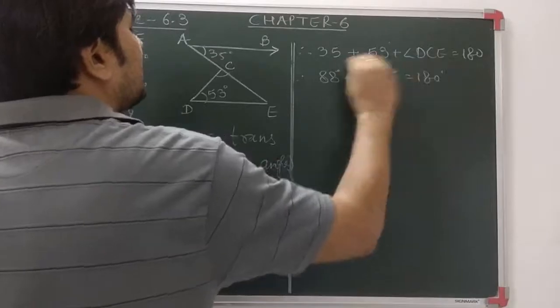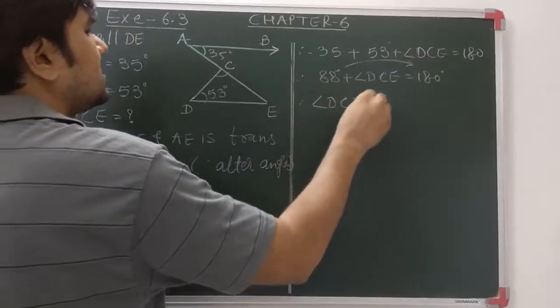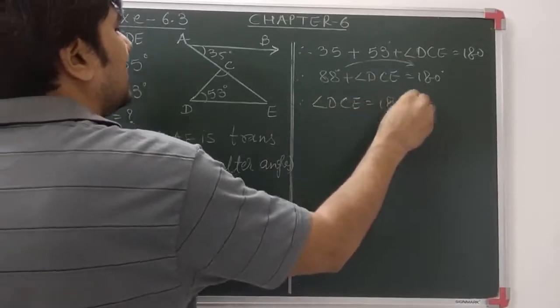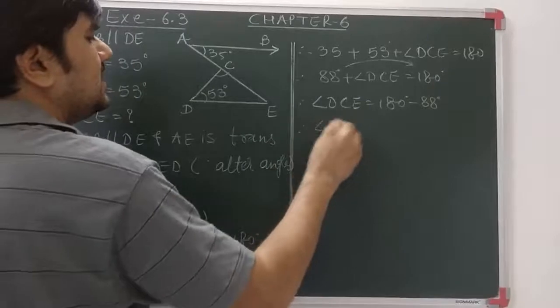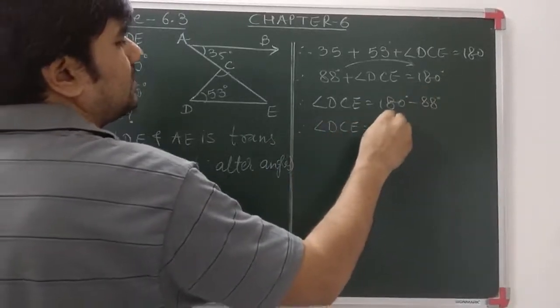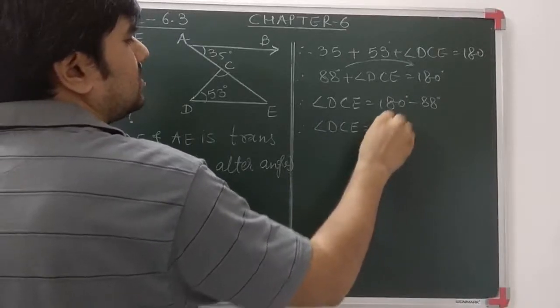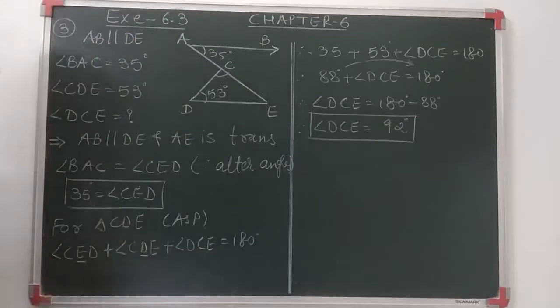To obtain the answer, we'll take this value to the right hand side. So DCE is equal to 180 minus 88 degrees. So the value of DCE, yes, that is 92. So this is the third angle which we obtained and which we had to find out, that is 92 degrees.